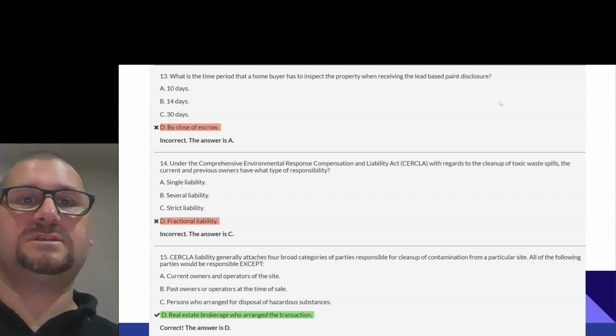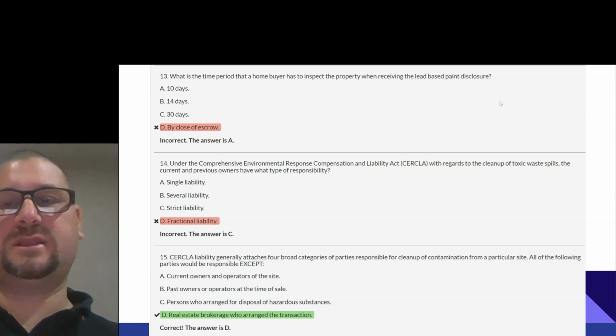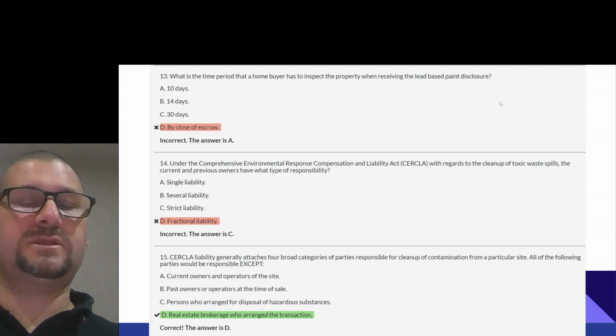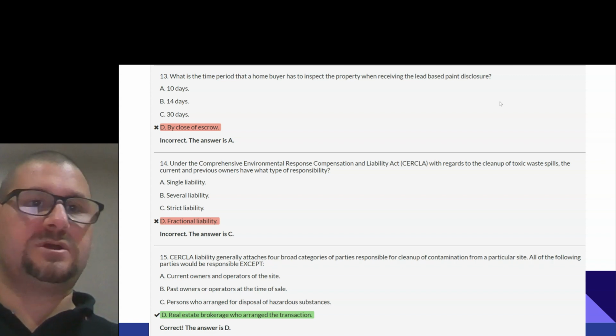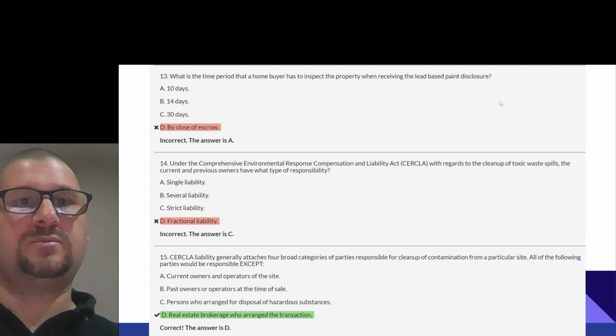Under the Comprehensive Environmental Response, Compensation and Liability Act, CERCLA, with regards to the cleanup of toxic waste spills, the current and previous owners have what type of responsibility? It's going to be Charlie. They have strict liability. So the current and previous owners have what type of responsibility?